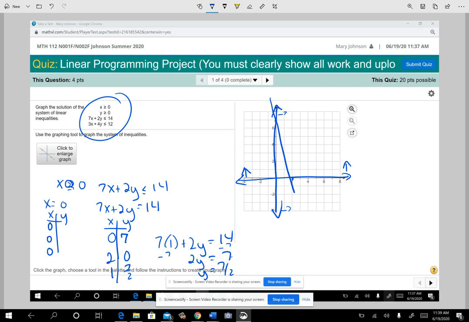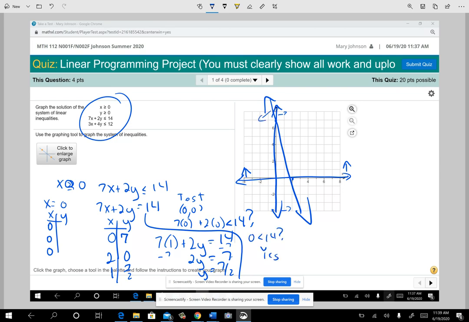Solid line. And then I need to decide how to shade. So that's when I test a point, like the origin. And I plug in a 0 for x and a 0 for y, and I look for whether that makes it less than 14. And 0 is less than 14. The answer is yes. So I know I would shade towards the origin, okay?